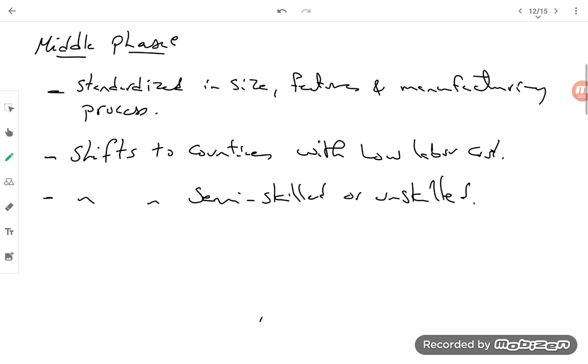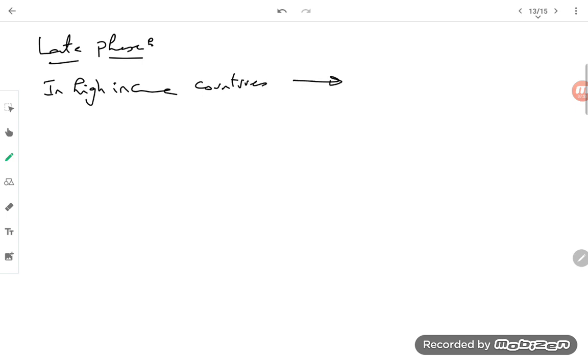Later on, production reaches the third phase, which is the late phase of production. During the late phase, in high-income countries, consumption will exceed production.